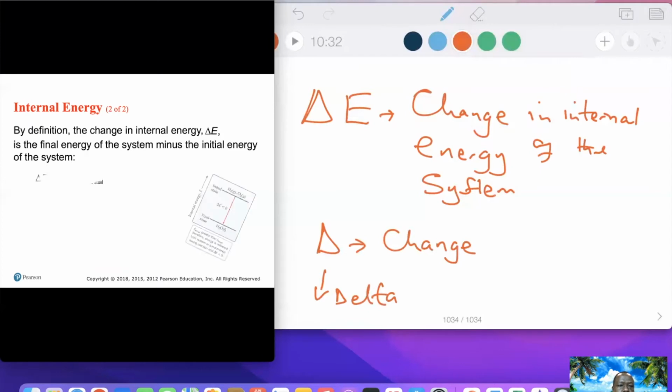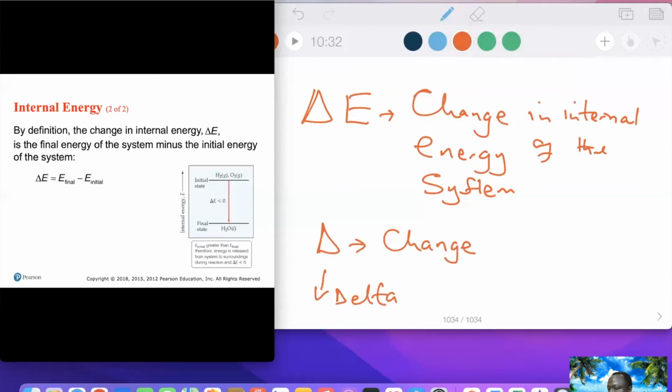We only look at the final and the initial, the starting and ending, and depending on the sign of the change in internal energy, either the system is giving away heat energy, or the system is absorbing heat.